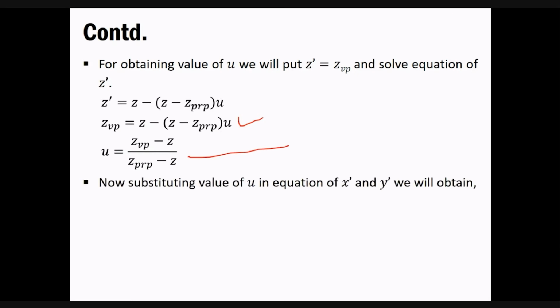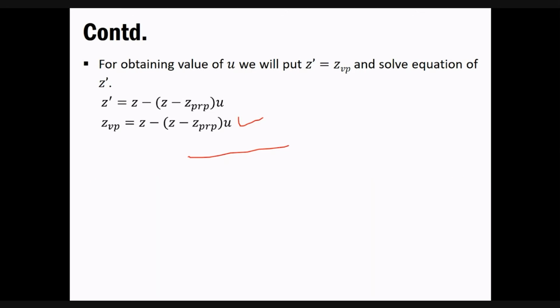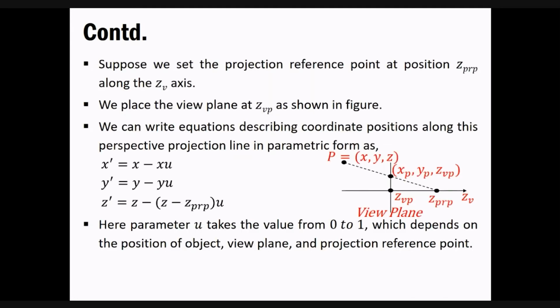Now, once we have something that can be substituted with the value of u, you have to put it in the earlier equation that we have, the equation of x dash, y dash. So we will put the same thing in that equation. We have x dash equal to x minus x u.